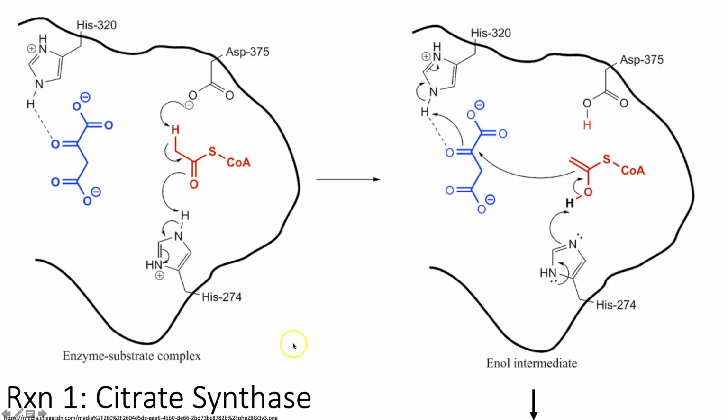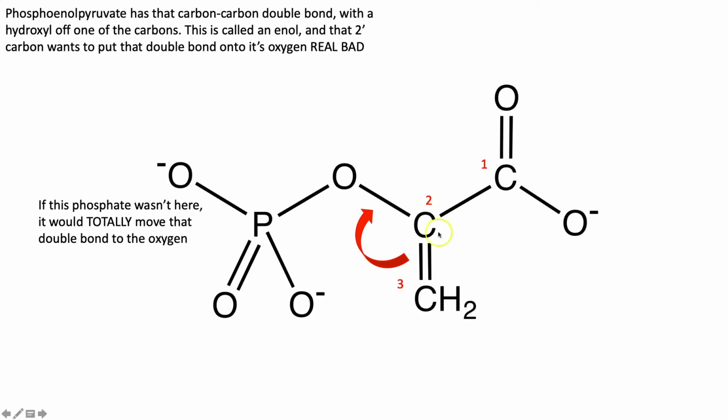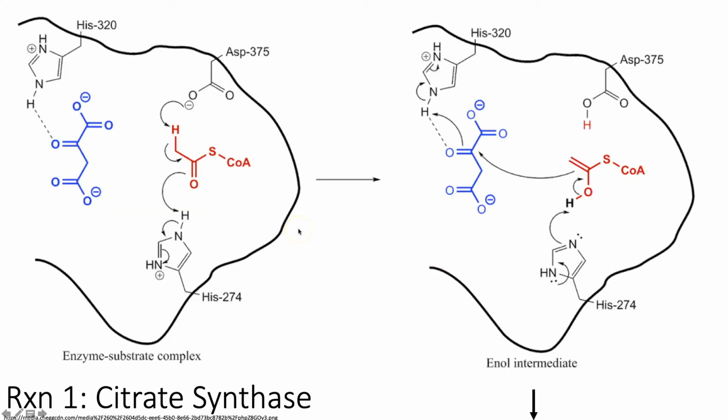Now, during this first step, we need to form that enol form. If I just back up, we need to form a carbon-carbon double bond, because that's not preferred, but that's going to drive us forward. So two things happen. We need a carbon-carbon double bond. There's a carbon-carbon double bond here, and so we need to get the double bond between this oxygen and this carbon to go away, because we need to form a carbon-carbon double bond.